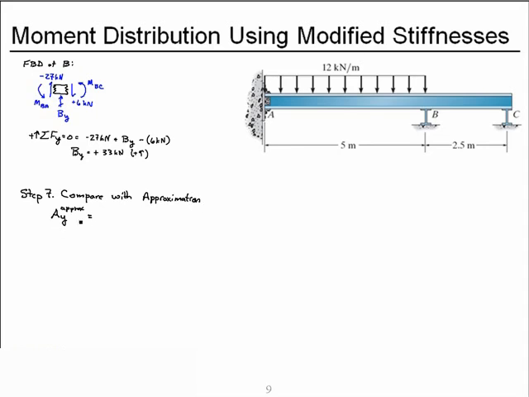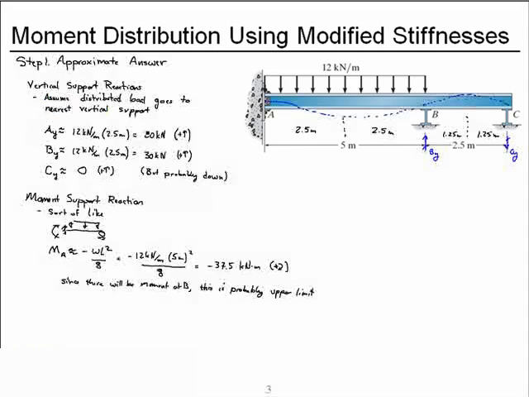So we have found AY to be approximately 30 kilonewtons up, BY to be approximately 30 kilonewtons up, and CY we found to be approximately 0, but probably down.